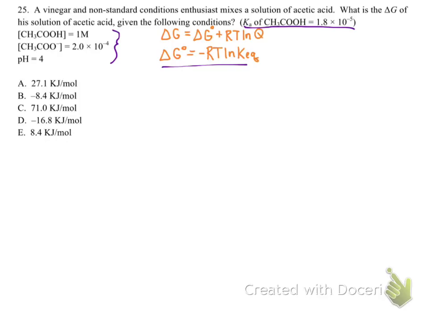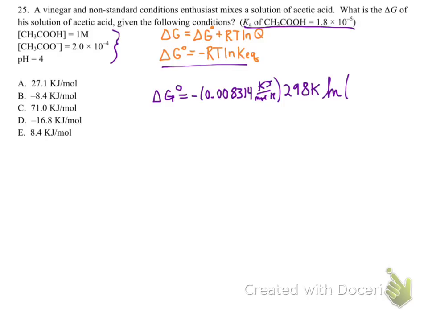So, I'm going to write delta G standard is equal to negative R, 0.008314 kilojoules per mole Kelvin, times T. The problem should have specified at 298 K. Times the natural log of our K value.